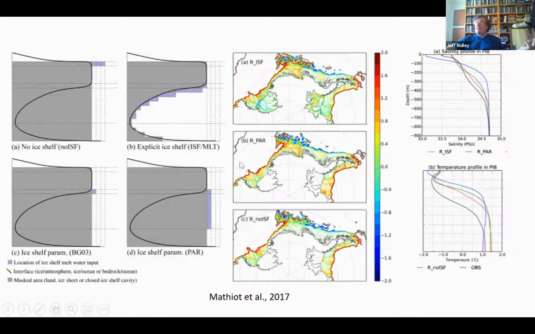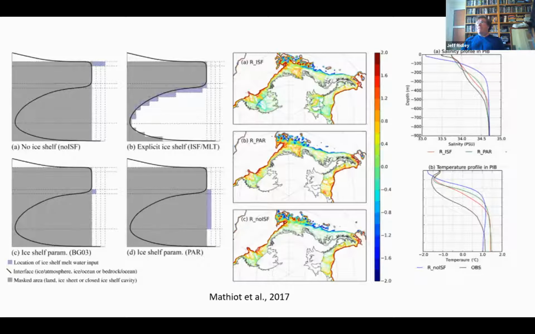And so in the near field of the oceanography, in this middle plot, I'm sorry about people red-green colorblind, but here we're showing the barotropic stream function, an impact of which is to draw up deep warm water onto the ice shelf itself.